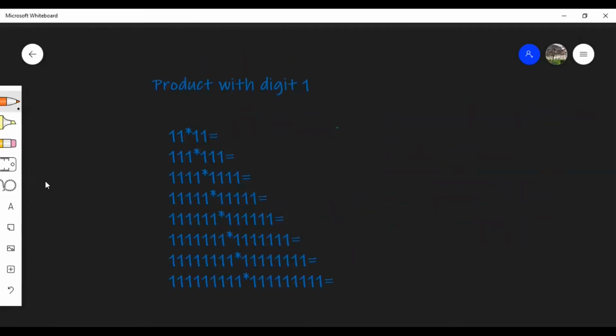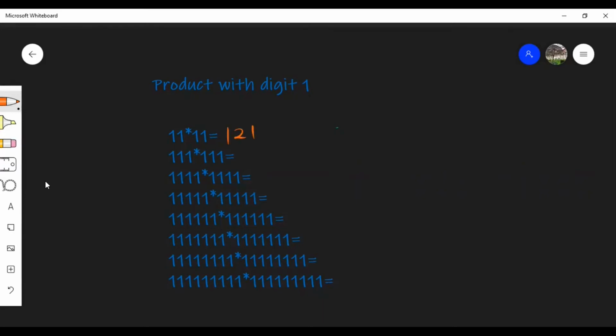One way that you can produce palindromic numbers is when you have a product with the digit 1. As you can see in these examples, their product will give you palindromic numbers. Let's say 11 by 11 will give you 121. That is a palindrome.